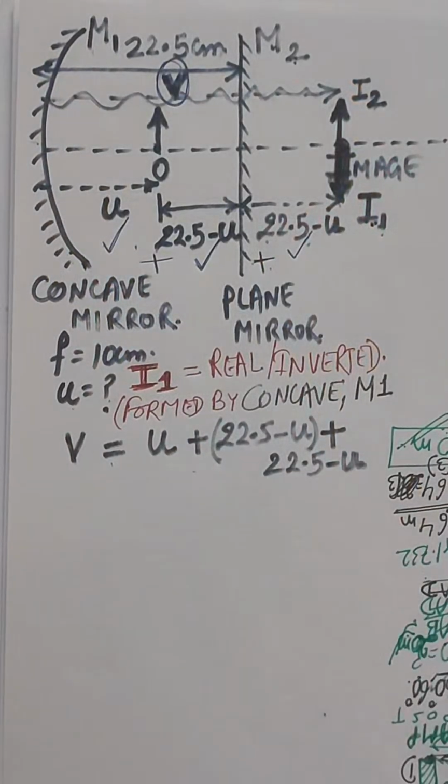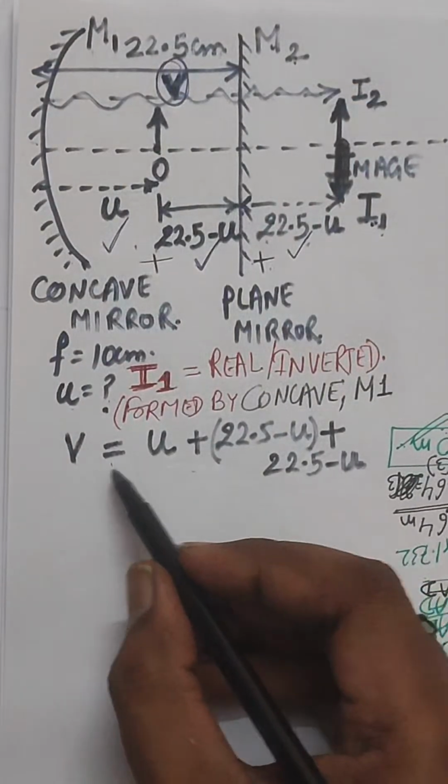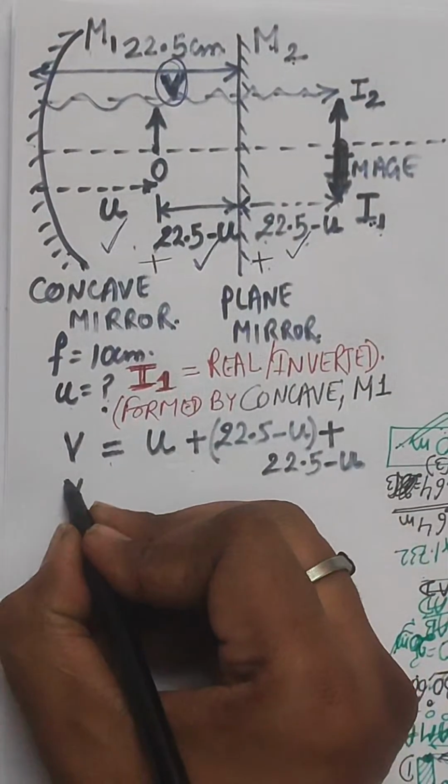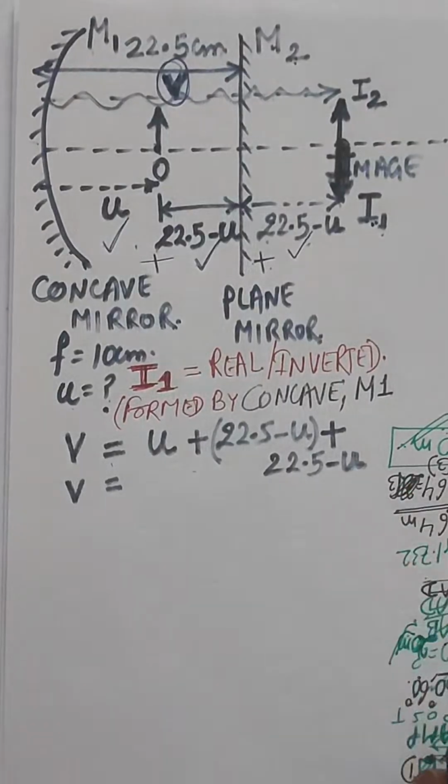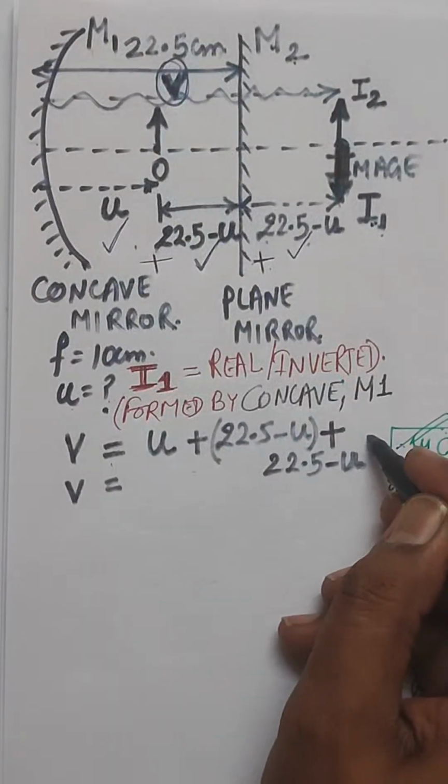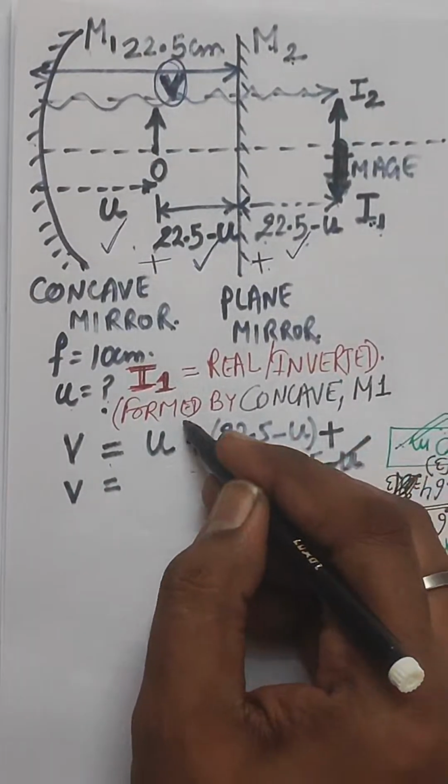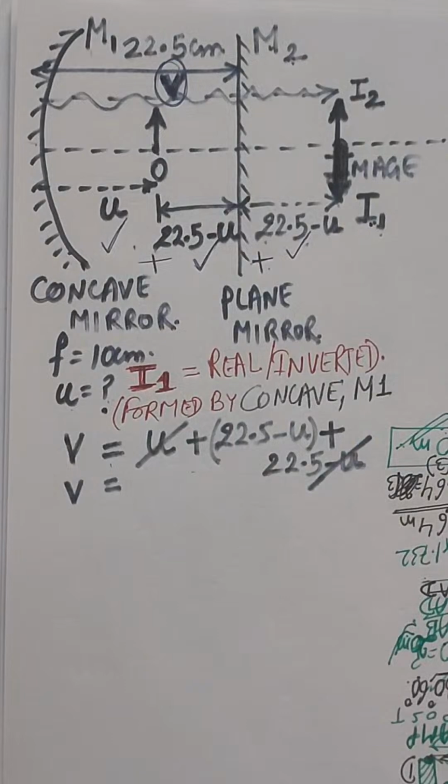Now this will give you a relation between v and u. So from here you can see v equal to, one of the u will be cancelled with this u, right?